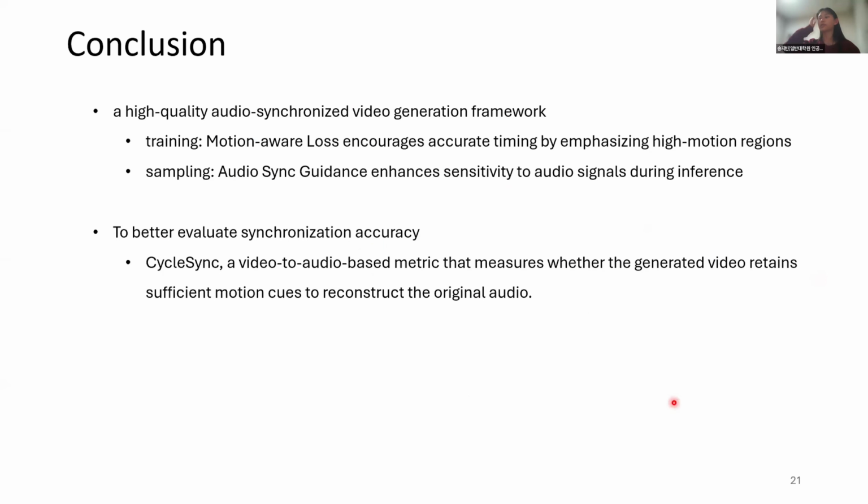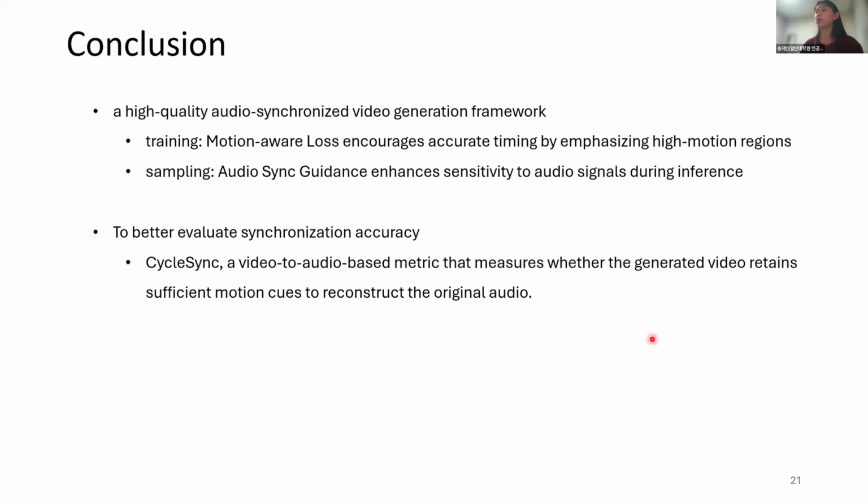Then we're going to the conclusion. Our contribution is to build a high-quality audio-synchronized video generation framework. For training, we propose motion-aware loss, which encourages accurate timing by emphasizing high-motion regions.